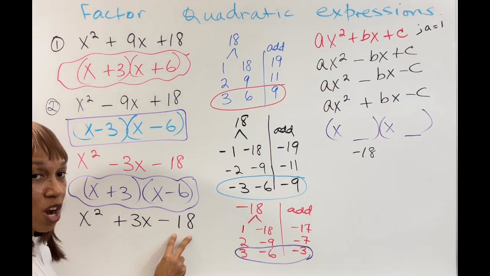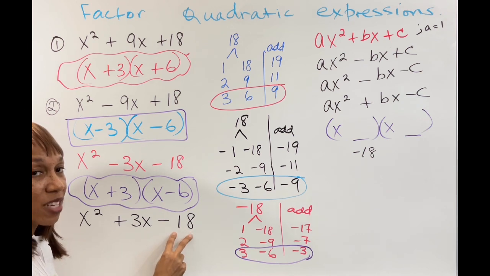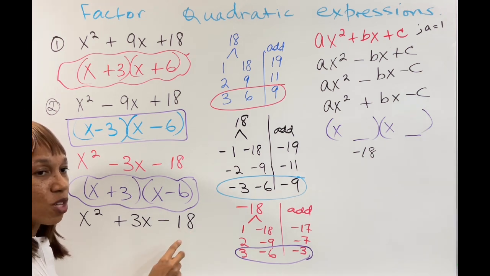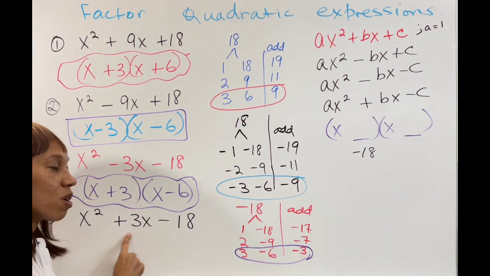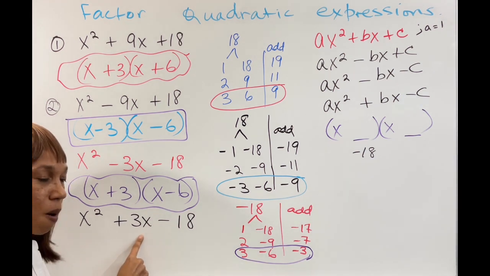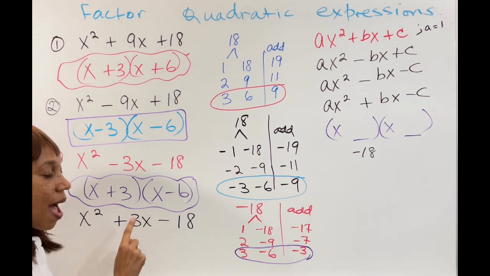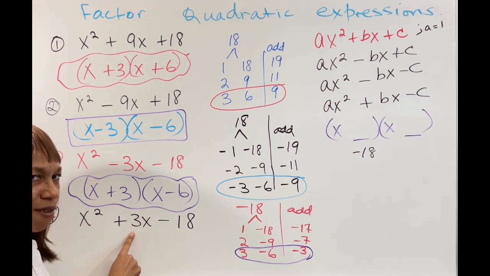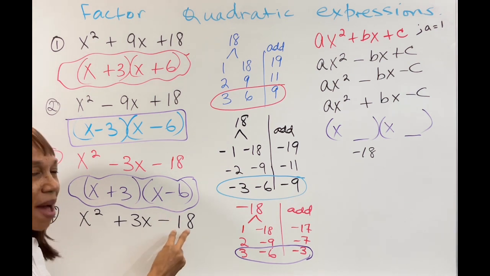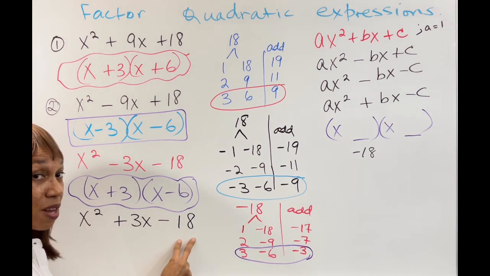Since the c term is -18, the factors of the -18 have to be a positive factor and a negative factor. But when I look at my middle term here, which is 3, I have to say to myself, oh, since this is positive, then the greater of my two factors here for -18 is going to be positive.